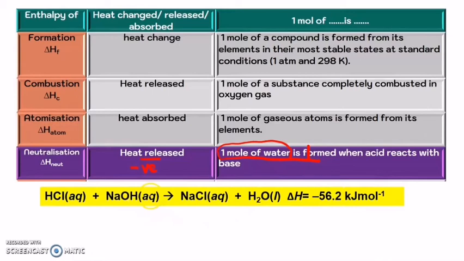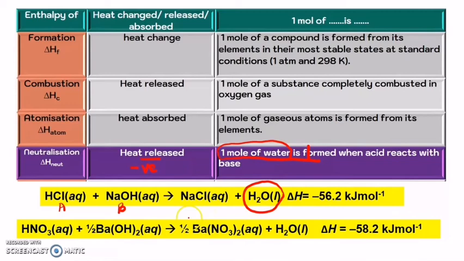The one that must be 1 mole here is this water. So we have to balance the equation so that H2O stays as 1 mole. In this equation, all the stoichiometry is already balanced with 1 mole, and we also get 1 mole of water. And with the value of delta H here, this is what we call the thermochemical equation of neutralisation.